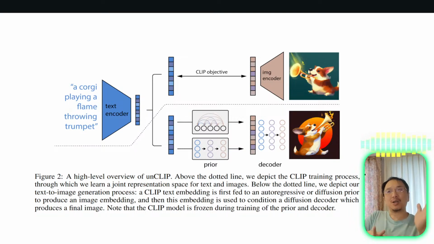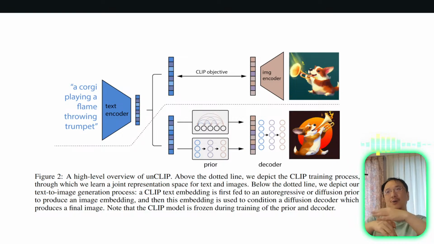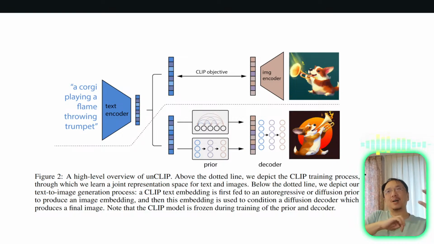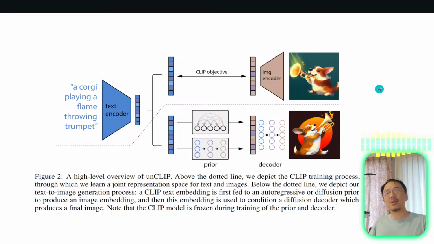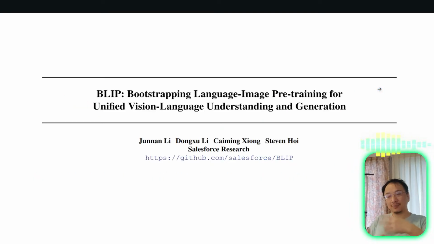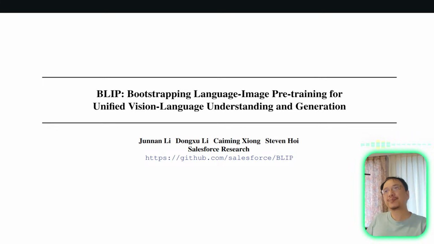Then it uses a decoder to decode the image from the image encoding. So this decoder can be considered the inverse of the image encoder. And it also has a generative model to generate the image encoding from the text encoding. That's the unCLIP model. So that's an interesting idea.